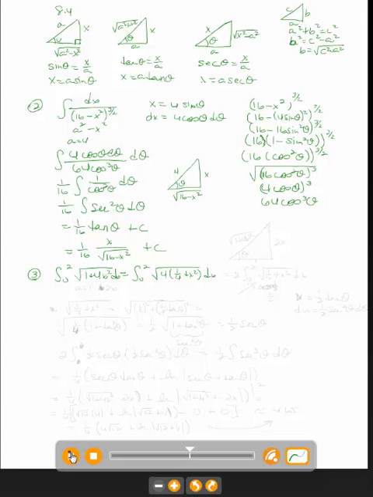Then I'm going to pull the 4 out as a 2, square root of 1/4 plus x squared. And then I can look at that and say, oh, that means that a is a half to work this problem. I'm going to draw the little triangle. I think I'll draw it right here.